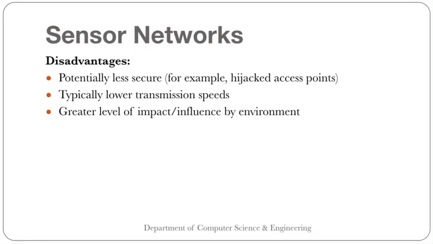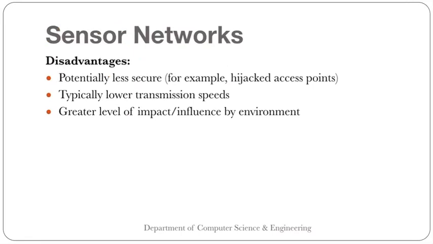Now what are the disadvantages? Potentially less secure. As we know it is IoT, so it is connected to the internet, and anyone can hack that device and get the data the sensors have collected. Typically lower transmission speed, so the data cannot be transmitted very fast. That is another disadvantage.